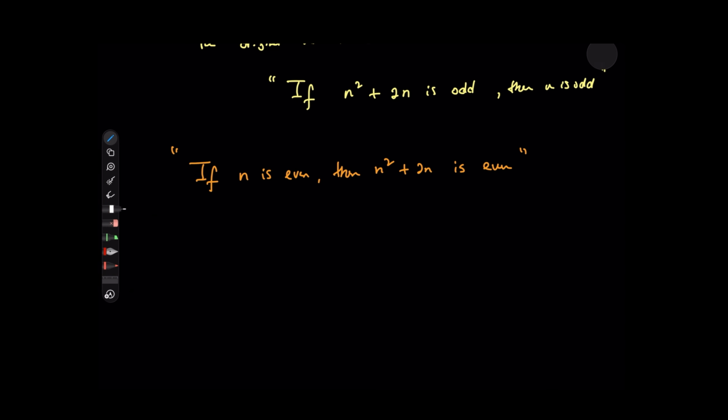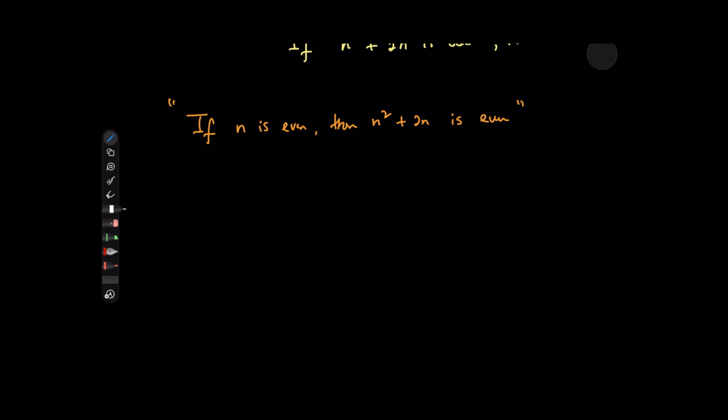Okay, so we can assume now to start. So it's an assumption. So we assume that n is even. If n is even, then there exists some integer k such that n is equal to 2 by k.